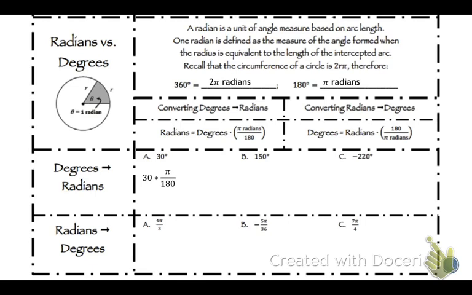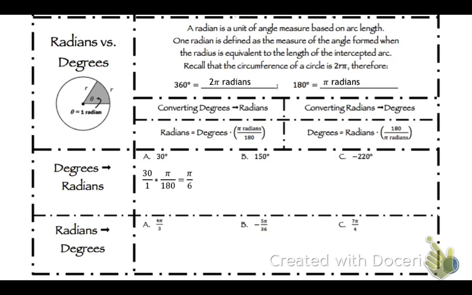If you just do 30 divided by 180, you're going to get like 0.16666. Change it to a fraction, you get 1/6. So that's the same as pi over 6. Okay, or just reduce the fraction.